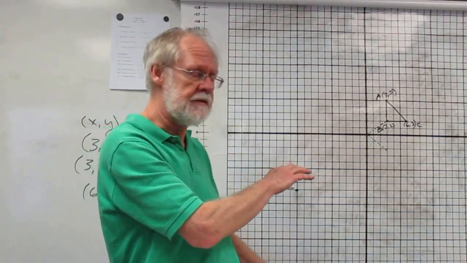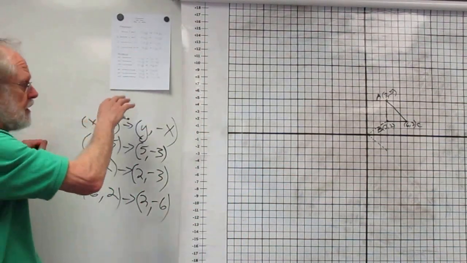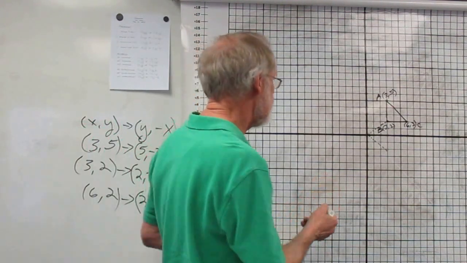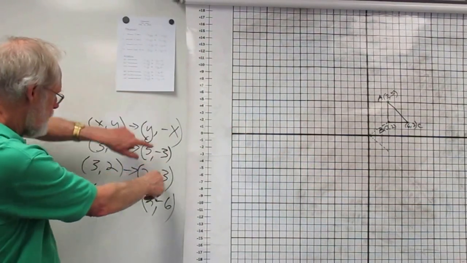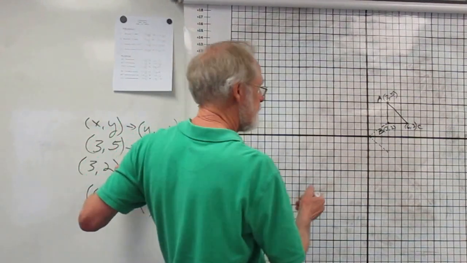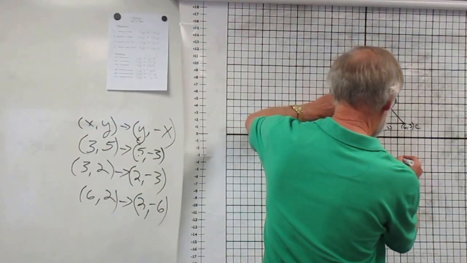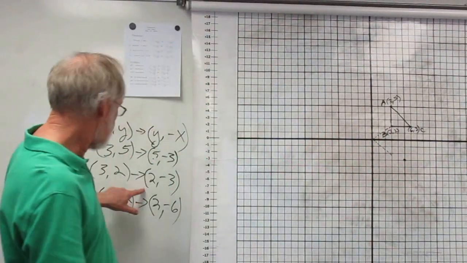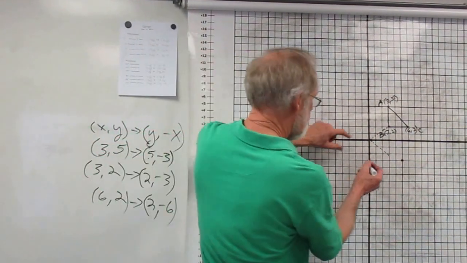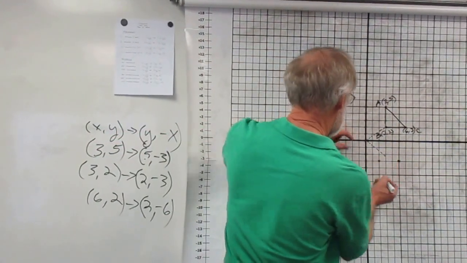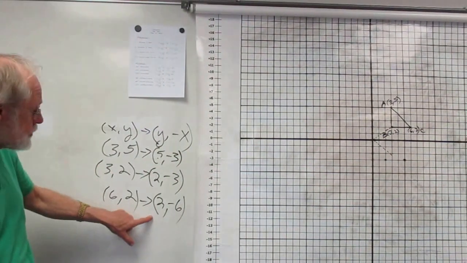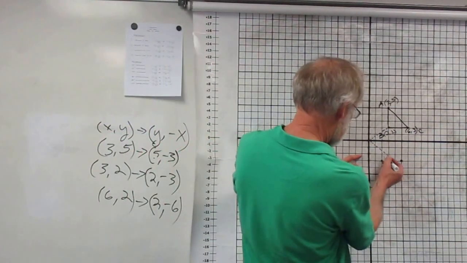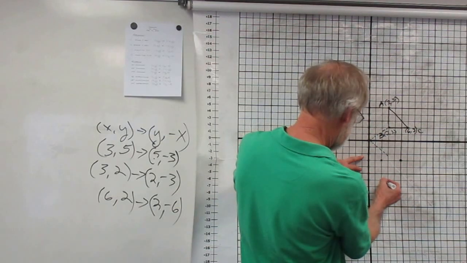It doesn't make sense to me without having this chart in front of me. But with it, it makes it relatively easy. So here's what I do. I take the new values. I have one at (5, negative 3), so (5, negative 3) is here. I have one at (2, negative 3), which is here. And I have one at (2, negative 6), which is right here.